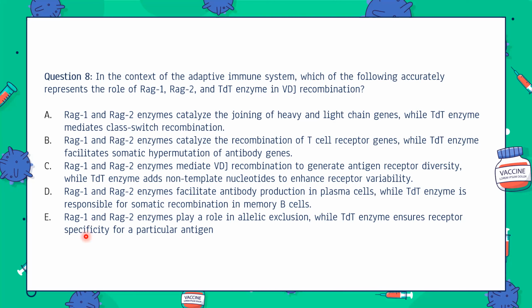Finally, for E, RAG1 and RAG2 enzymes play a role in allelic exclusion, while TDT enzyme ensures receptor specificity for a particular antigen. Now, allelic exclusion was something that I did mention to you guys. Do you remember what that was for, though? Was it for RAG1 and RAG2?